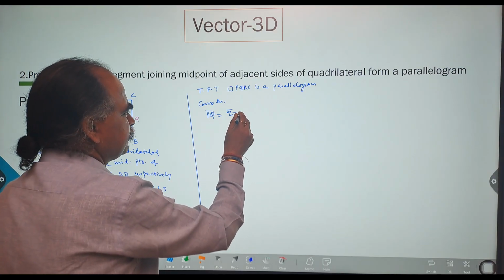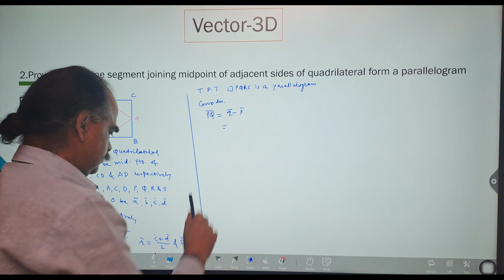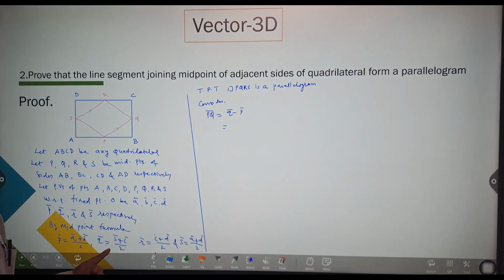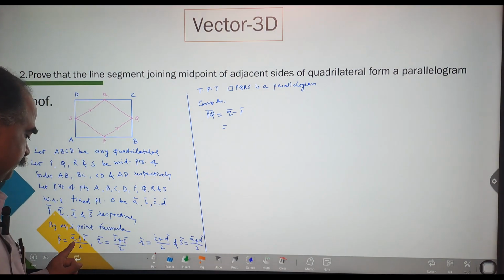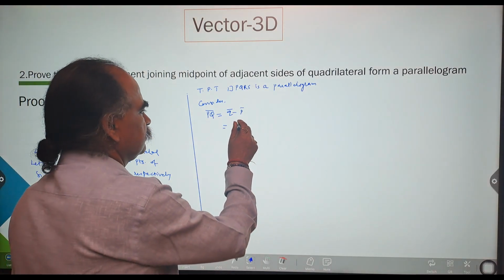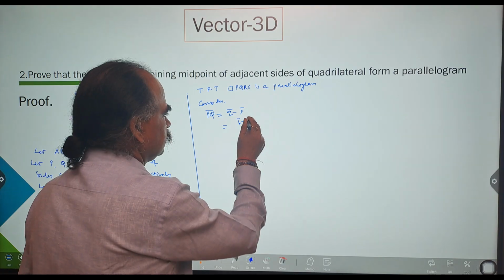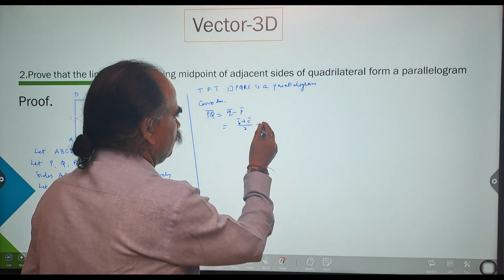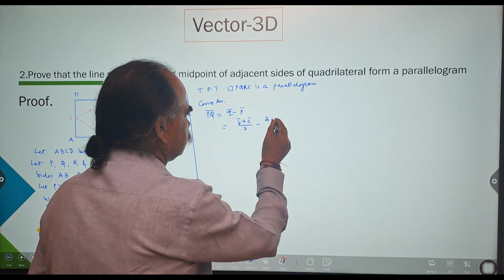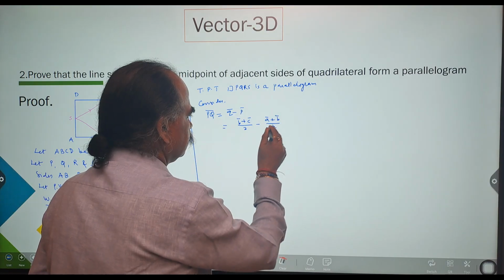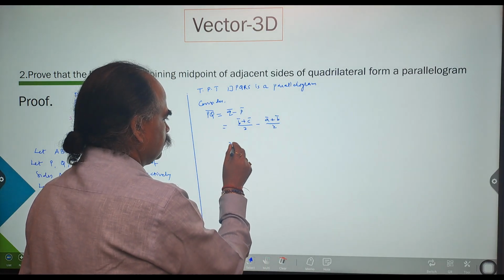It is Q bar minus P bar. Q bar is (B bar plus C bar) upon 2 and P bar is (A bar plus B bar) upon 2.